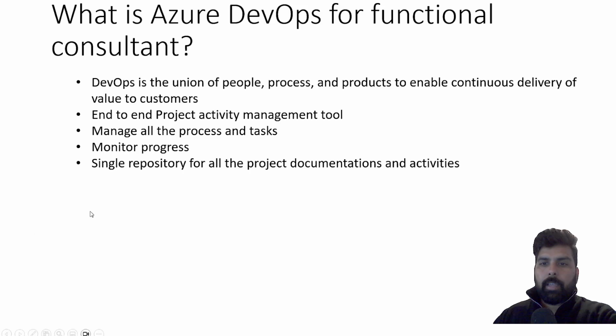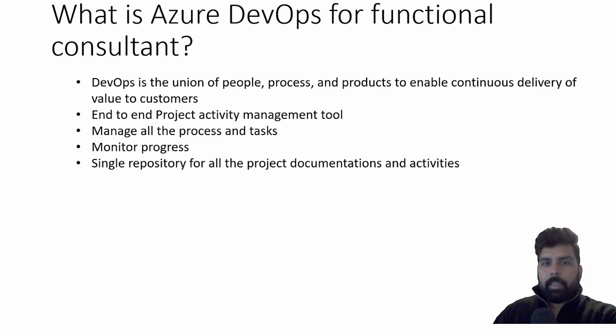One of the things we can ask is, what is Azure DevOps for a functional consultant, and in general, what does Azure DevOps mean for anyone, and what is its definition? If you asked 10 different people what Azure DevOps is, you might get 10 different answers.